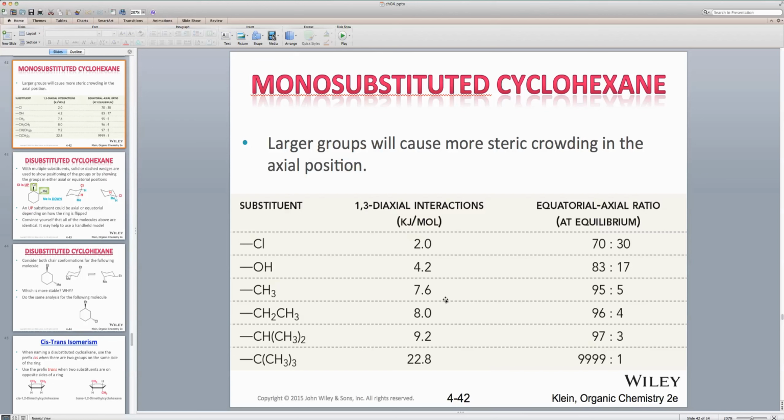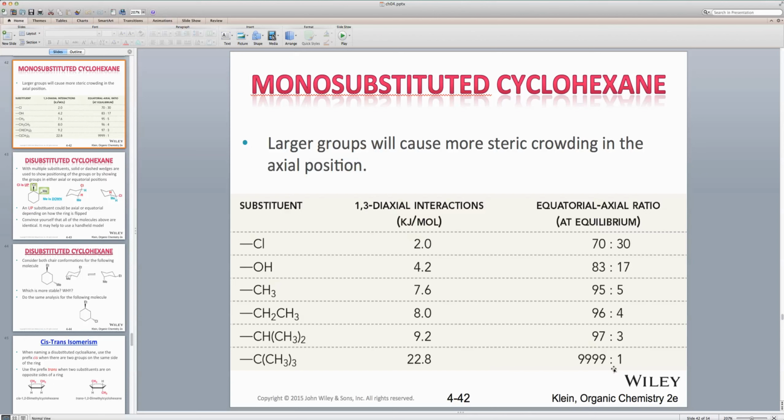Because first of all, a diaxial interaction with a methyl group is 7.6 kJ per mole, but a chlorine only 2 kJ per mole. You do always favor equatorial over axial, but notice you get a pretty substantive amount of axial with chlorine, not so much with methylcyclohexane.